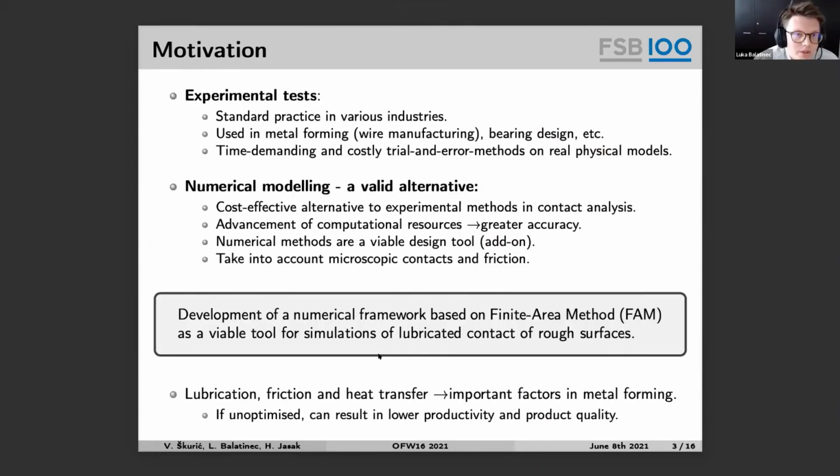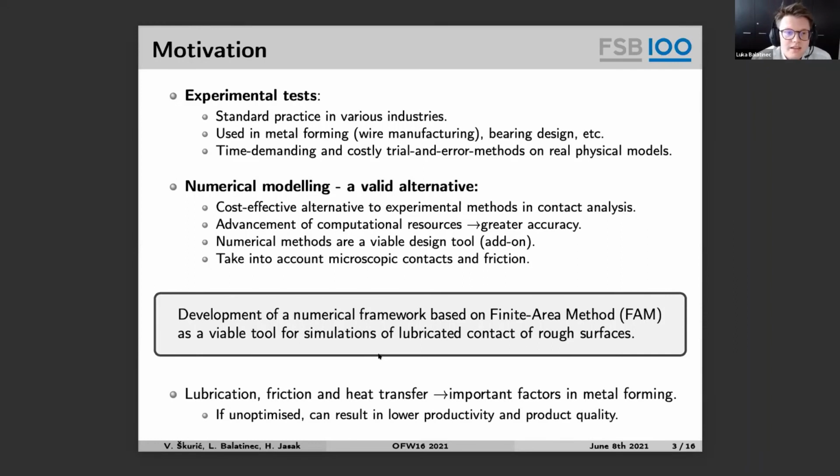We know that experimental tests are used as standard practice in various industries, for metal forming, wire manufacturing, bearing design, and so on. We also know that they are quite time-demanding, costly, and usually trial and error based methods which rely on physical models.